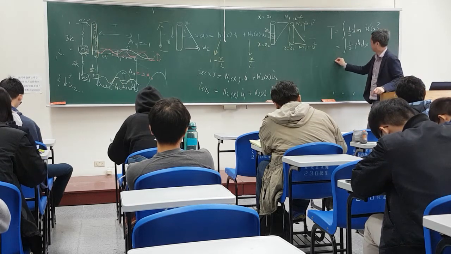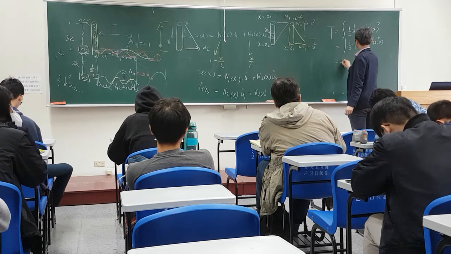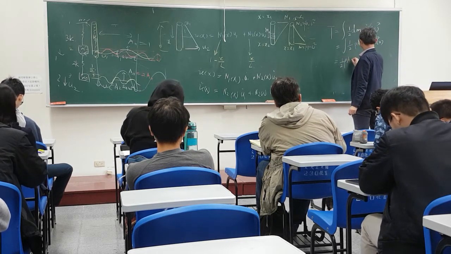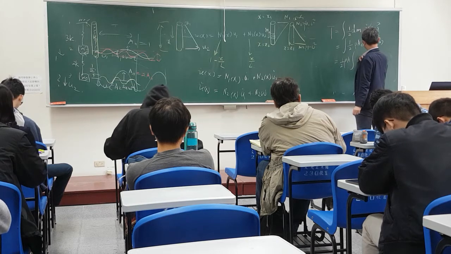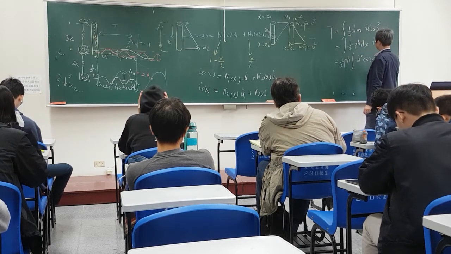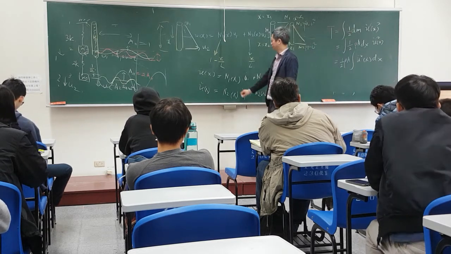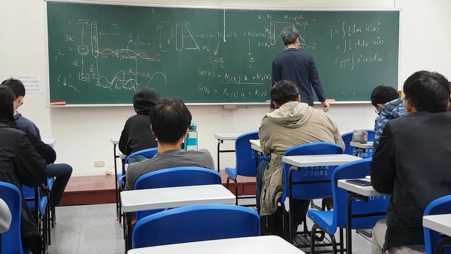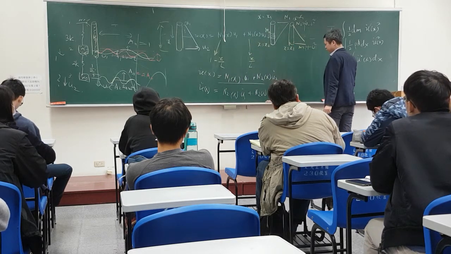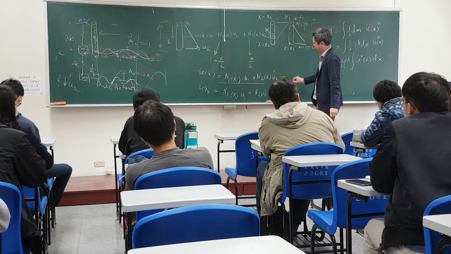If I now expand it out, you'll have half rho A velocity squared dx. What is your velocity squared?